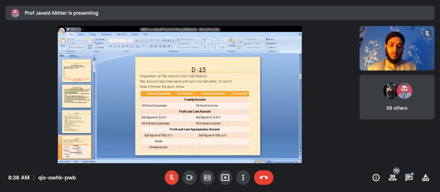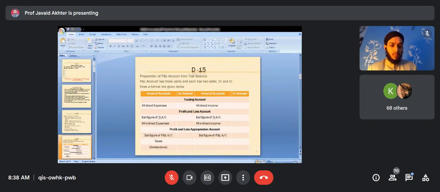If I say sales, trading account. It will be direct income. It will be transferred to credit side of trading account. Suppose the balance in sales account is given in debit side, where it will be transferred to?